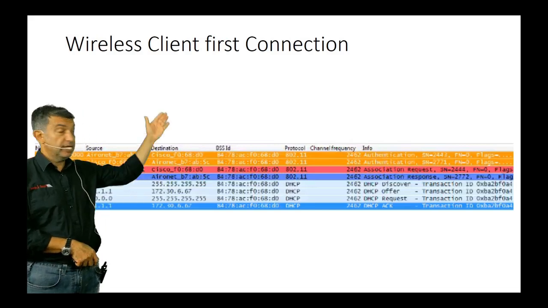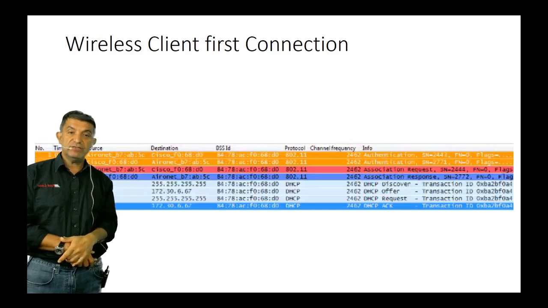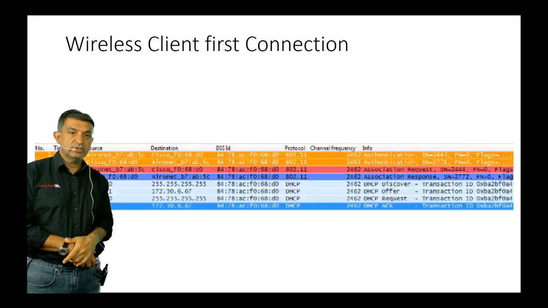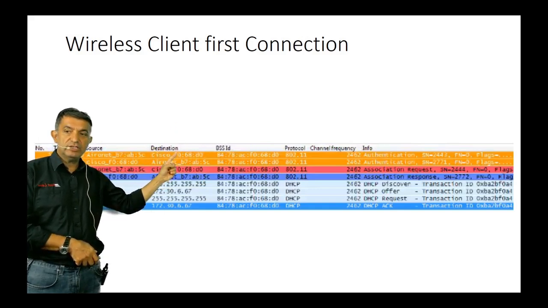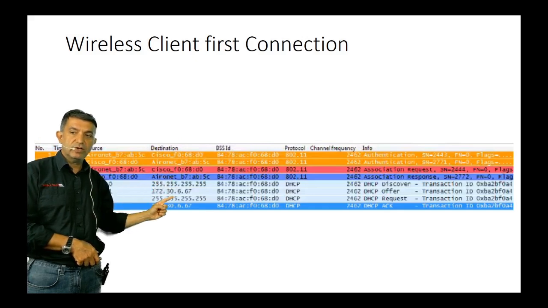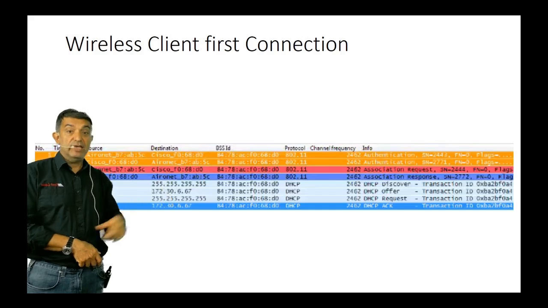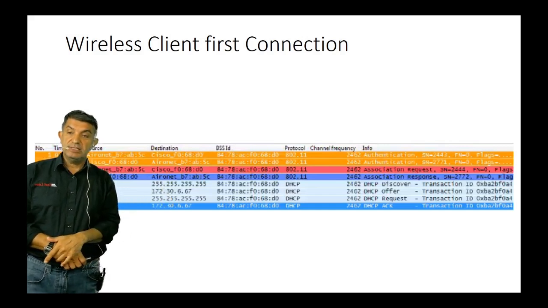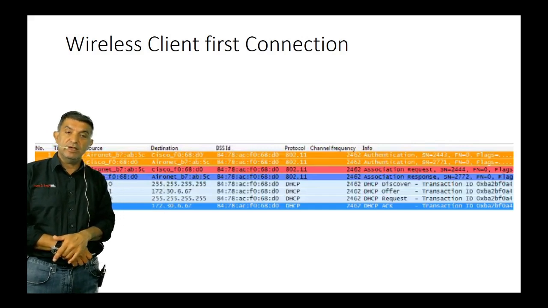For example, it could be a web authentication with a captive portal. So the client could go through a layer 3 process, get the DHCP IP address, and later with a captive portal DNS redirect, we will authenticate the client.